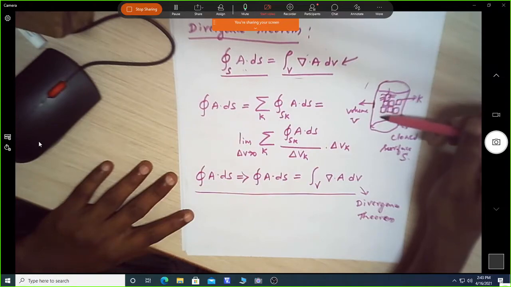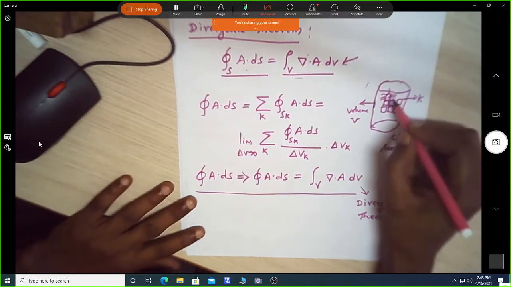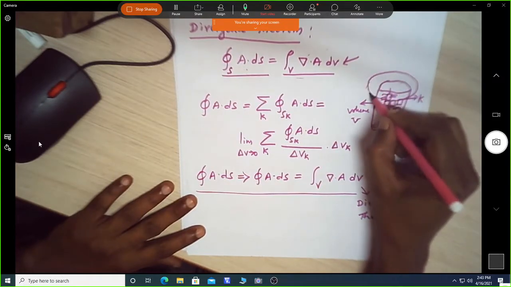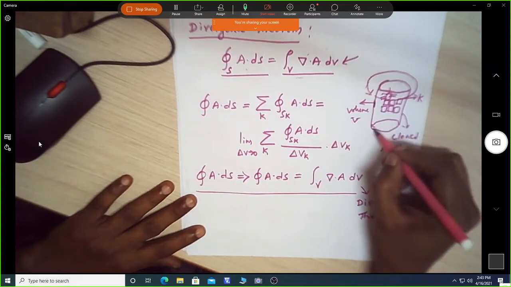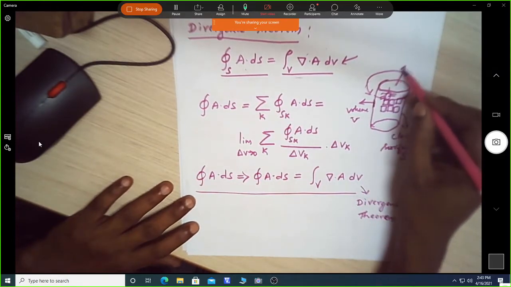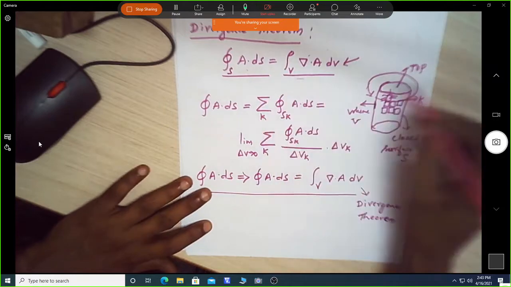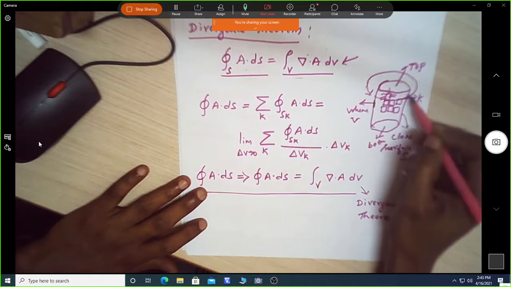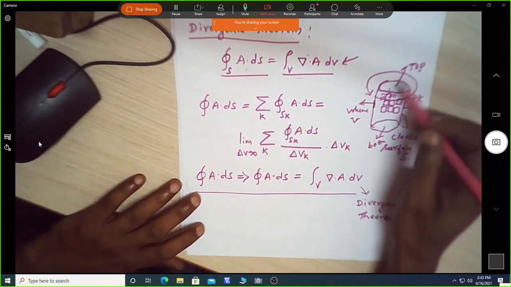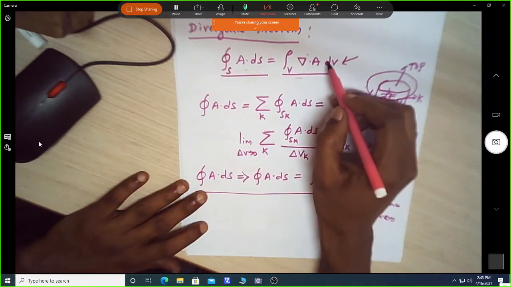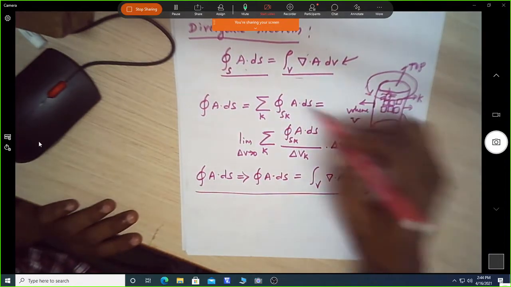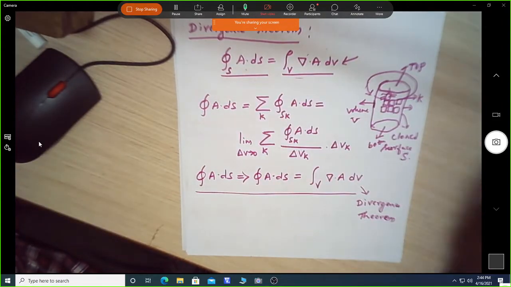Instead of evaluating the surface integral over the top, the bottom and the curved surface, just integrate the divergence of A over the volume, and you will get the same answer as the surface integral. That is what the divergence theorem says.